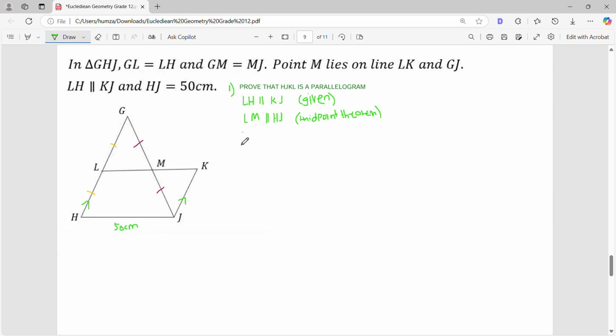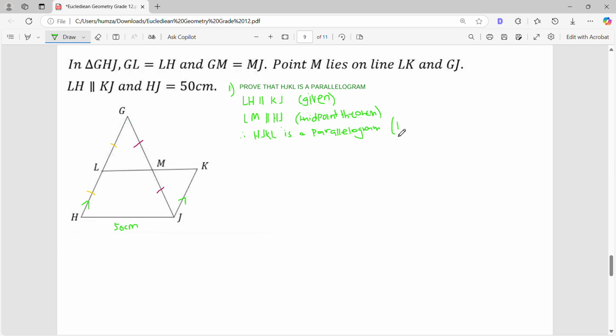So therefore we can say that HJKL is a parallelogram. Now why can we say that this is a parallelogram?